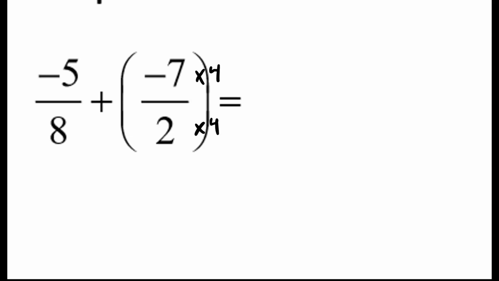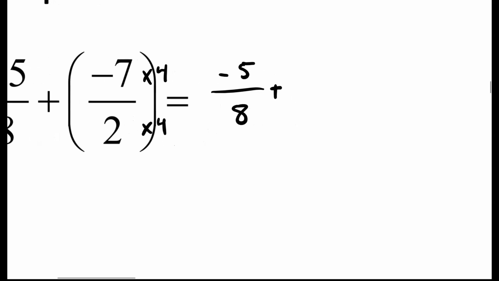What happens is we're going to have this negative 5 over 8 go unchanged. We'll add the plus, add our bracket, and we're going to have our negative 7 times 4. So negative 7 times 4 will get us negative 28 over 8, because you have your 2 times your 4.